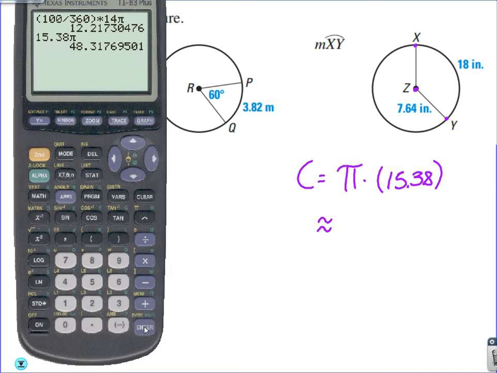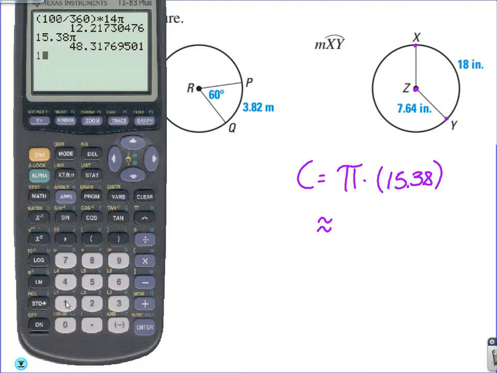But what I want to know is what portion, and watch real close on this, guys. This is a little tough, what we're about to do. I want to know that the distance all the way around is 48.32, but what portion do we have here? We have 18 out of those 48.32. Y'all understand that's a percentage. That's a fractional part.